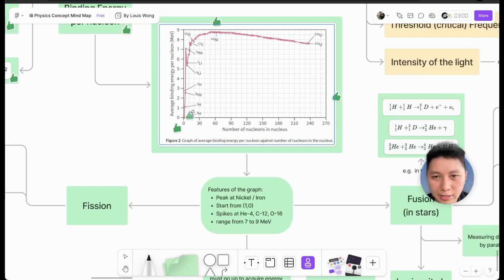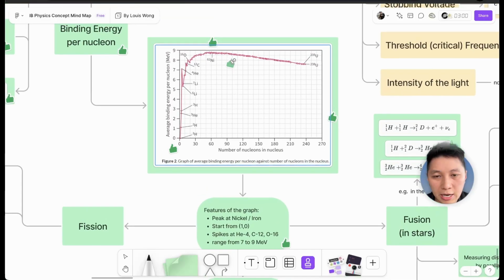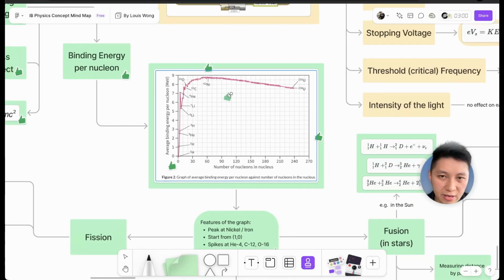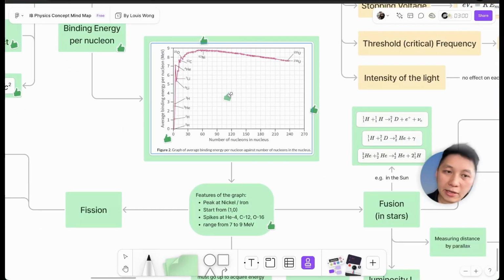Generally, you can see the trend goes really steep at first, then peaks at nickel and iron, and then goes down. After iron, you can see that the range stays within around 7 to 9 MeV. That is something you are expected to know.